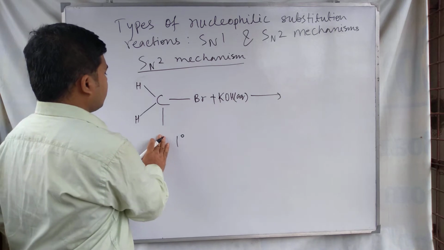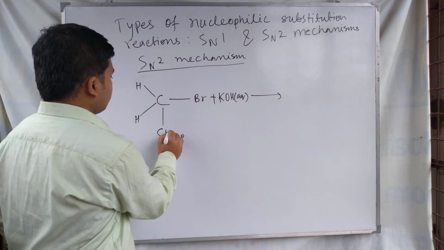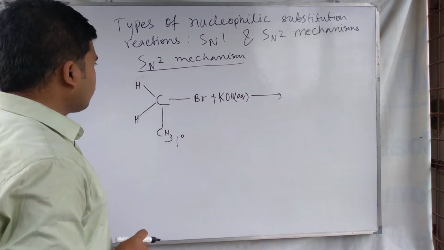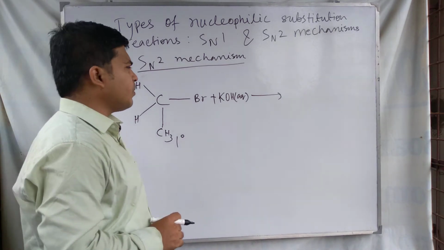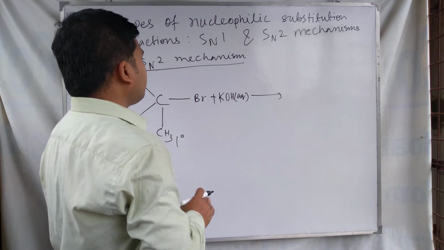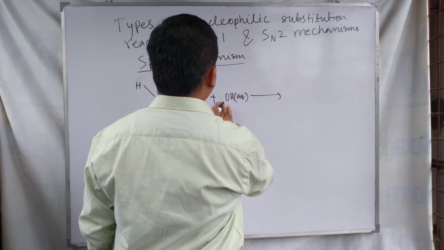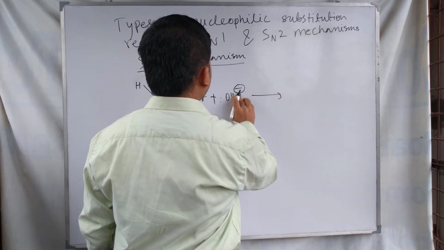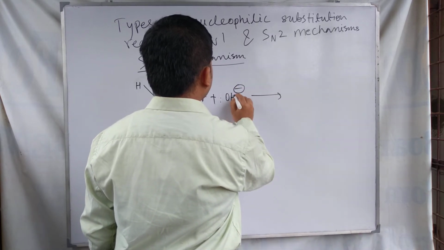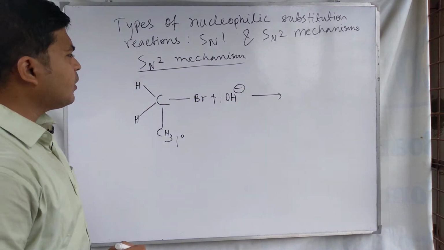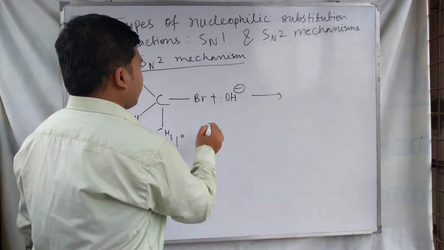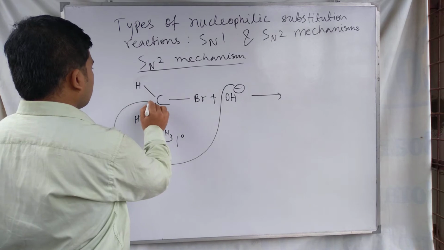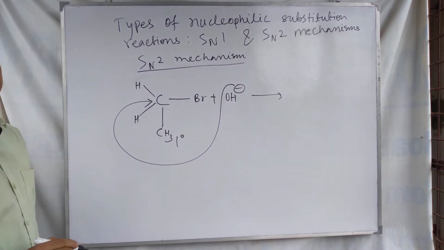We can take a CH3 group in that place also. So in the SN2 mechanism, in presence of OH minus, what happens? The OH minus nucleophile is produced, and this OH minus nucleophile attacks from the back side of the reactant.